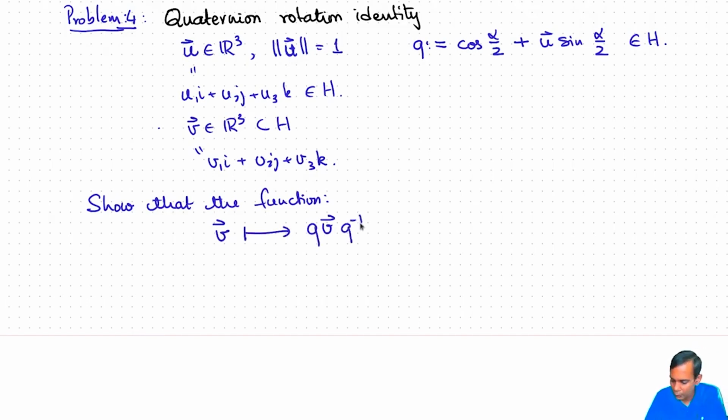Q is a non-zero quaternion because either cos of alpha by 2 or sine of alpha by 2 will be non-zero, and u is a unit vector. So in any case, Q will be a non-zero quaternion. We can definitely invert it.